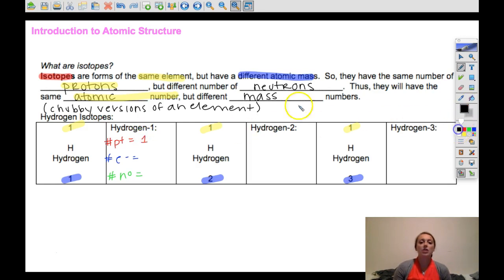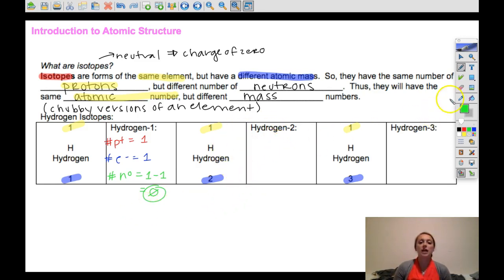Because isotopes are still neutral, which means they have a charge of 0, the number of positive protons is going to be equal to the number of negative electrons, which means we're also going to have 1 negative electron in this first isotope of hydrogen. And then to find the number of neutrons in hydrogen 1, we would take the mass number minus the atomic number, which would give us a total of 0 neutrons in this particular isotope or version of hydrogen.